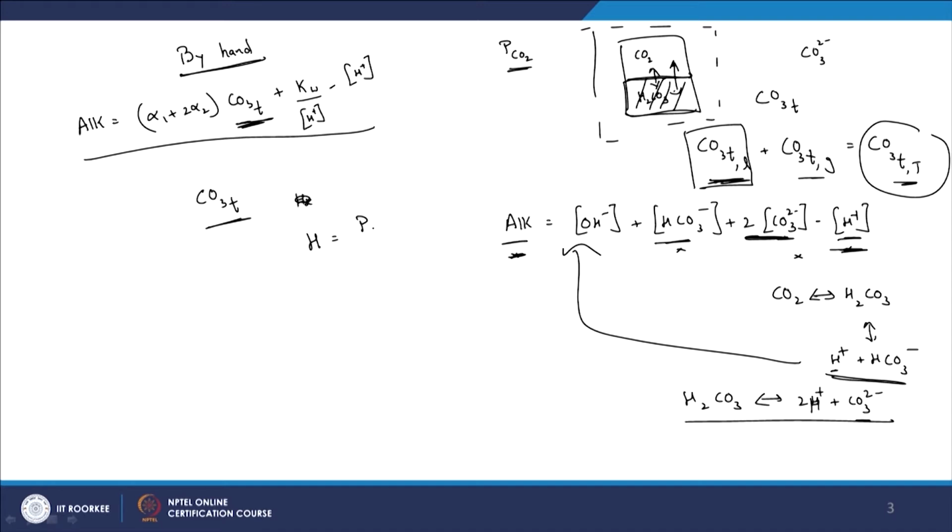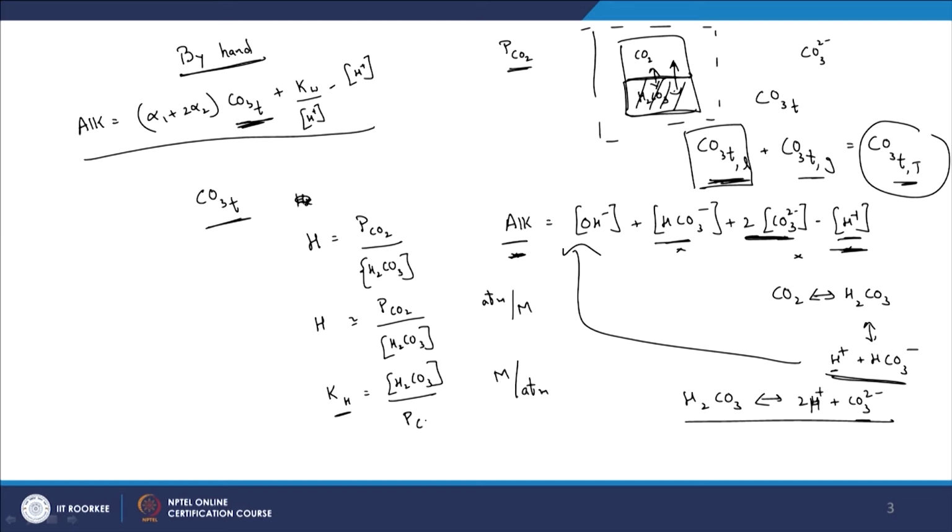For the gaseous phase we look at partial pressure, and in the aqueous phase the activity of H2CO3, which I am going to approximate by concentrations: PCO2 by H2CO3 concentration. This is the case for Henry's constant where the units are atmospheres per molar. But let us consider another case, in moles per molar per atmosphere units, where it is equal to H2CO3 concentration by partial pressure of CO2.